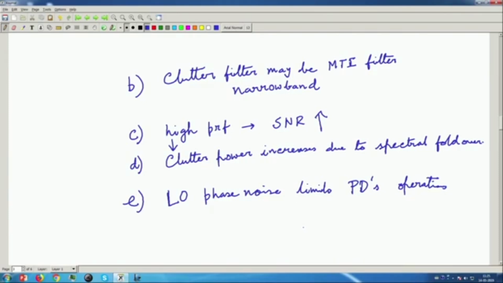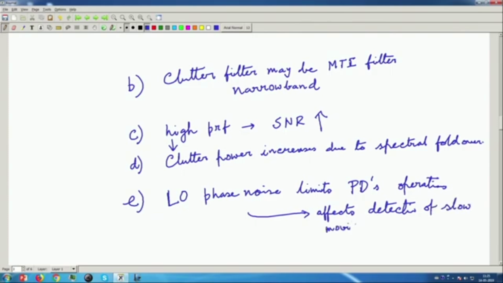But phase noise actually affects the detection of slow moving targets, because phase noise is not so high a thing, it is a short spectrum around the LO frequency. So, this LO phase noise will affect detection of slow moving targets.